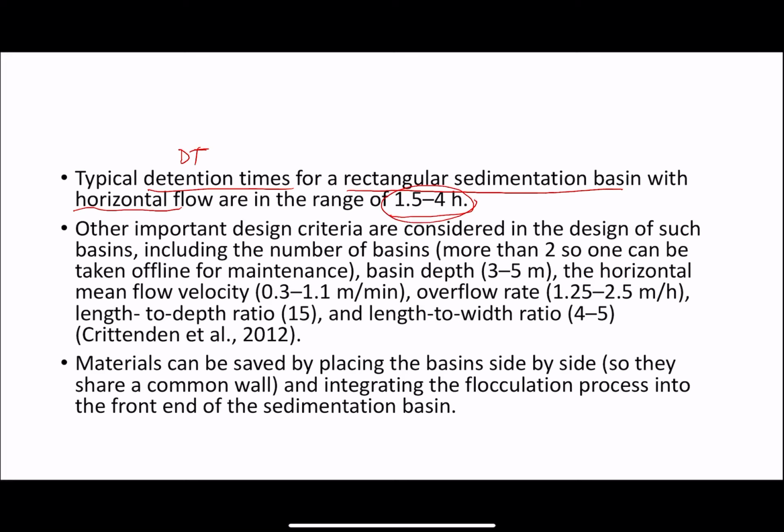There are other important criteria in our design we have to take into consideration. Number of basins: more than 2, so they can be taken offline for maintenance. Also, the basin depth, 3 to 5 meters. The horizontal mean flow velocity, 0.3 to 1.1 meter per minute.